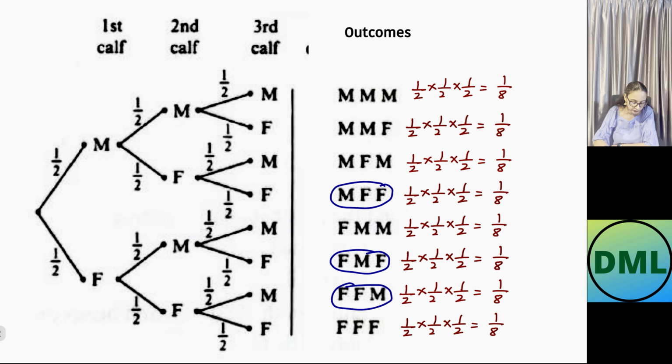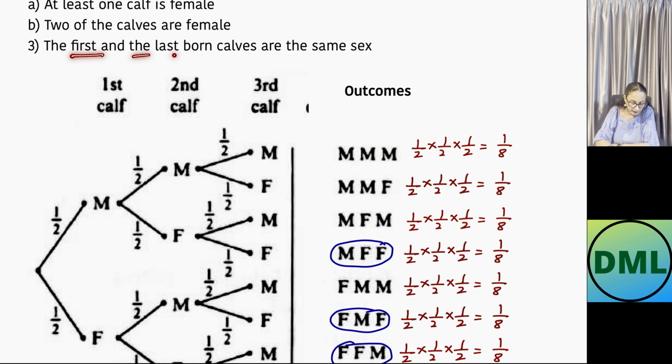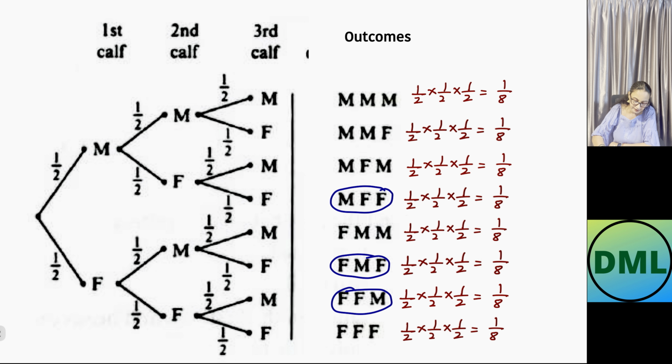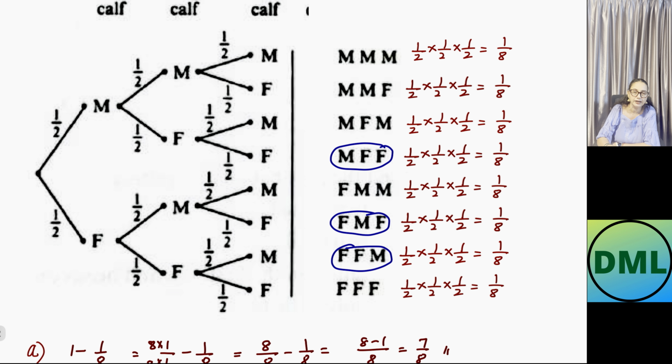Let's see the next question here. The first and the last born calves are the same sex. Same sex means it may be either male or female, but the first and the last one should be the same. Let's circle them where I can find the first and the last calves with the same sex.